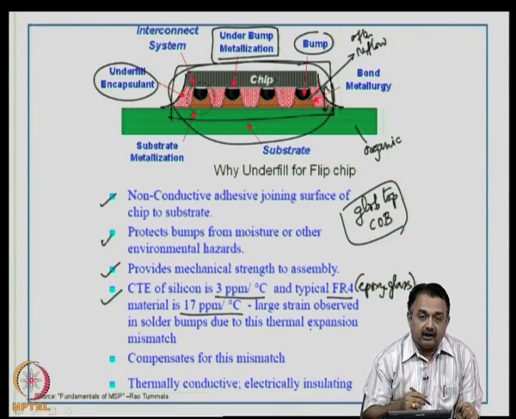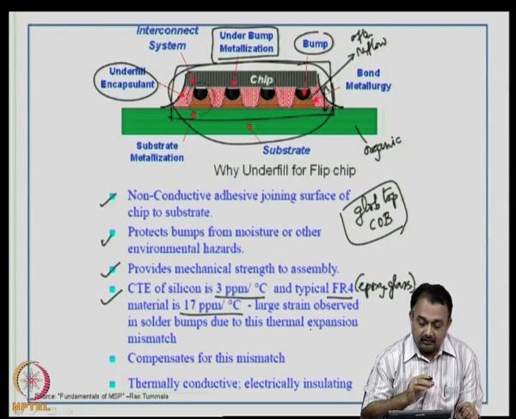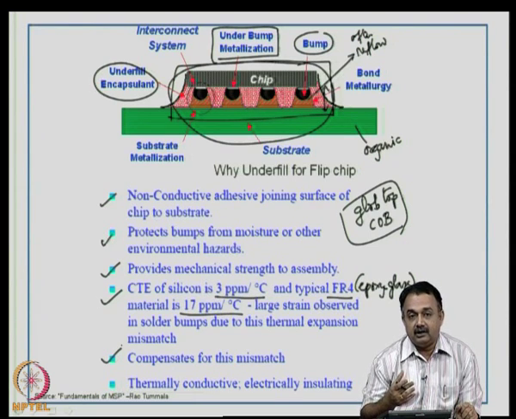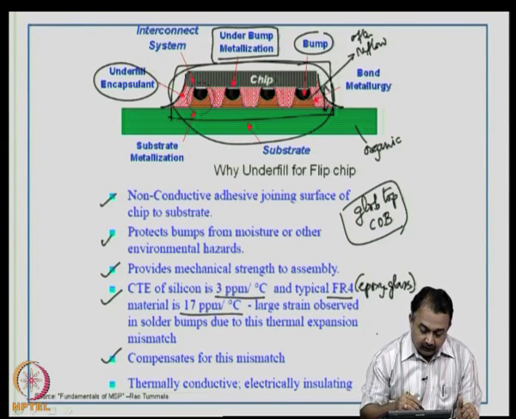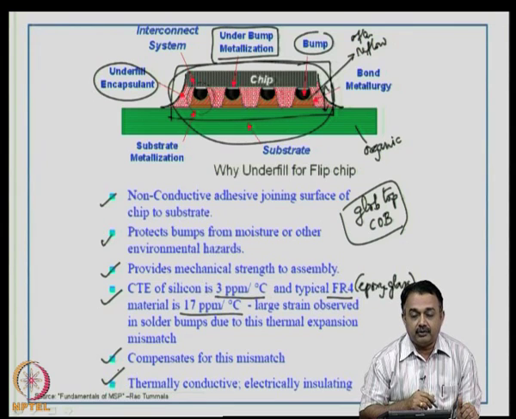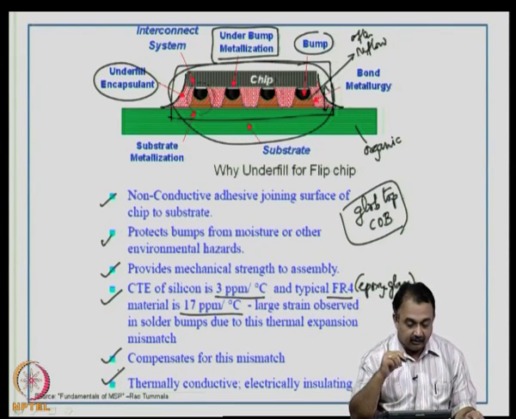Therefore, the underfill can protect this entire system, and typically you will use an underfill that has a CTE in between that of the die and the epoxy or substrate material that you have chosen, so that the heat flow is gradual and it does not affect the die surface or the organic substrate surface, while also protecting the solder joint. So, the underfill material should be non-conductive, but at the same time it should be thermally conductive and electrically insulating.